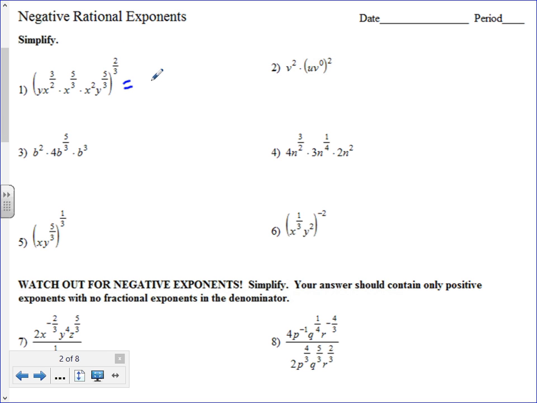Okay, so tell me what to write. It's going to be a 1 right there anyway. Right. So what is 1 times 2/3?